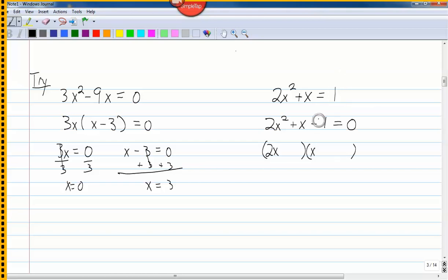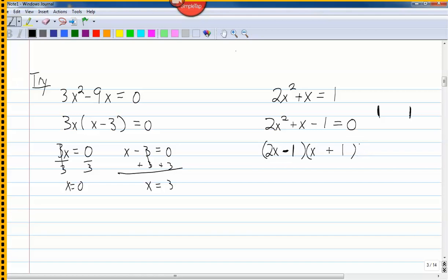The only way that you can get a -1, using whole numbers, is to multiply 1 and 1, and one of those has to be negative, one has to be positive. I want a plus 1 in the middle, so I'm going to put a plus 1 here, so that whenever I multiply it times this 2x, I can get a positive. Alright, and let's see what happens if I put a -1 here.